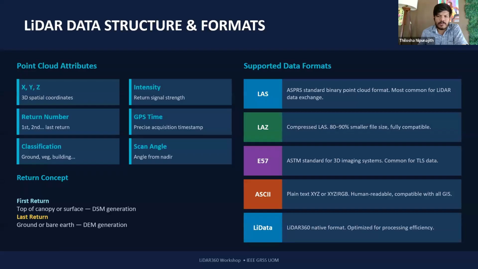So here, when it comes to LiDAR data structures and formats, these are the things that you'll be seeing whenever you're using this kind of 3D LiDAR data processing software. Pretty much every LiDAR data processing software is using, one way or another, supporting this data format and addressing these kind of point cloud attributes. And you might have come across terms like, of course, 3D geospatial coordinates.